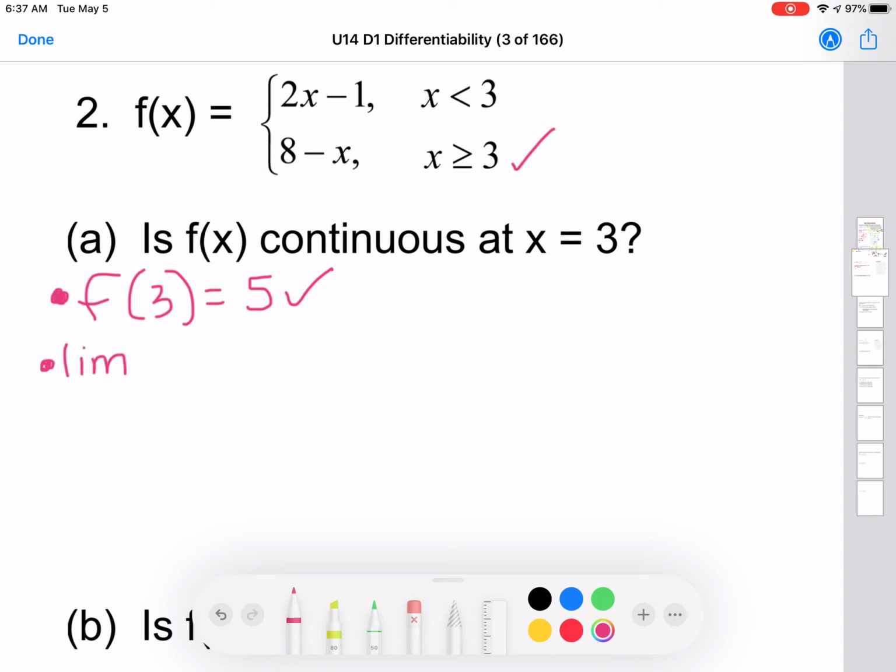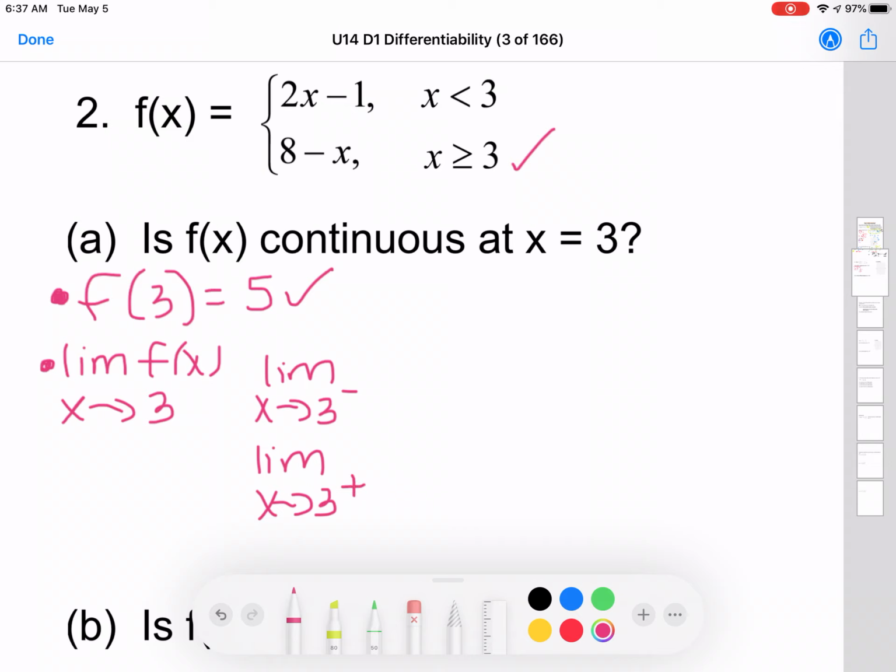Now let's find the limit of f of x as x approaches 3. Since it's a piecewise function again, I'm going to approach from both sides. The first one, where x is a little bit smaller than 3, I'm going to plug in right here. So 2 times 3 is 6, minus 1 is 5.